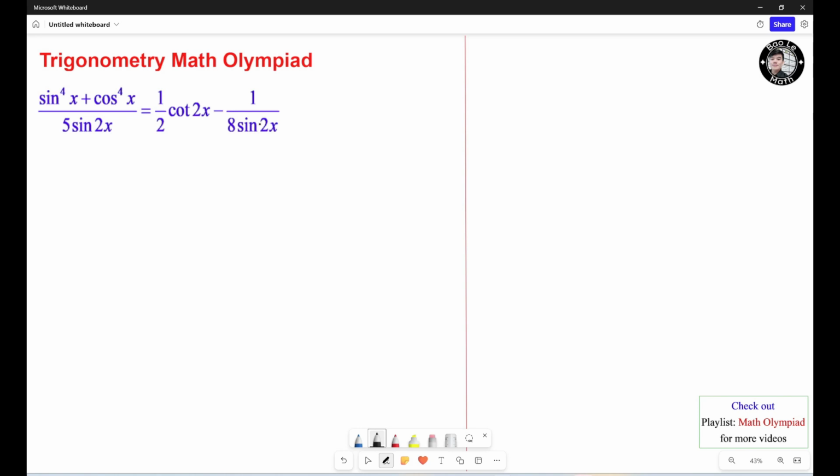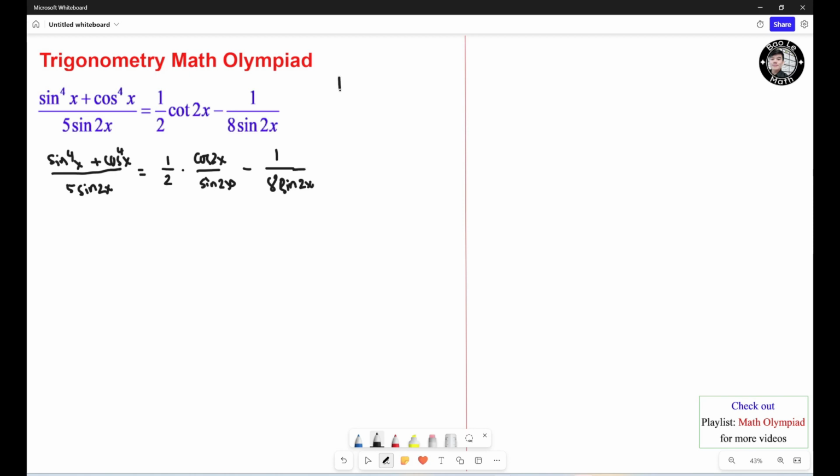Alright, let's get started. I'll just rewrite everything right here. (sin^4 x + cos^4 x) / (5 sin 2x) = 1/2 times cot 2x, which is cos 2x over sin 2x, minus 1/(8 sin 2x).